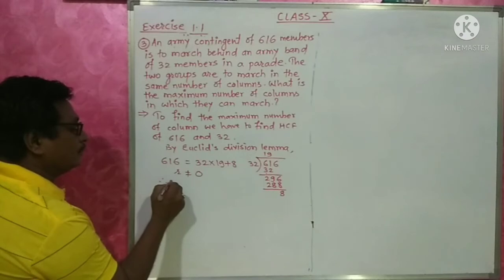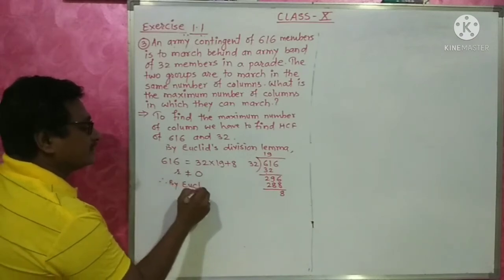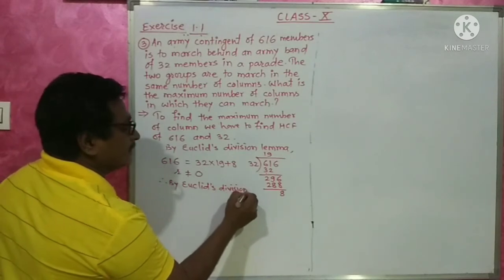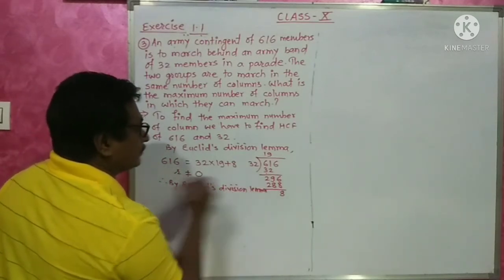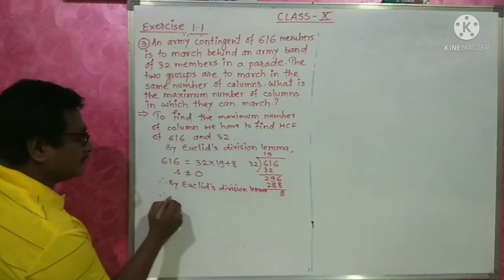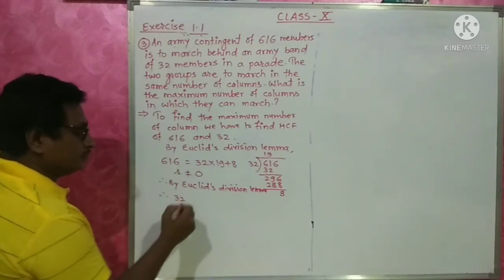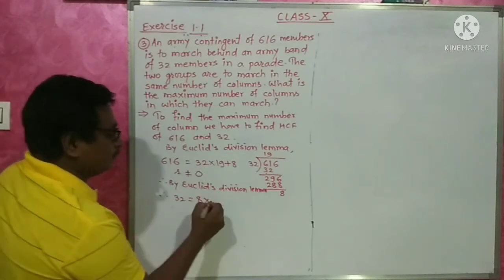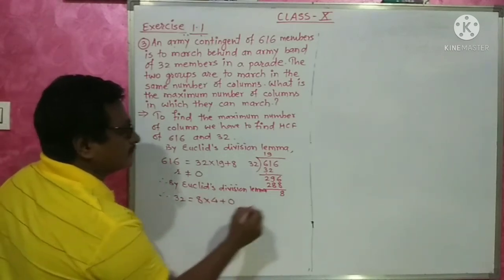So continue by Euclid's division lemma. Now what will we get? 32 equals 8 into 4 plus 0.